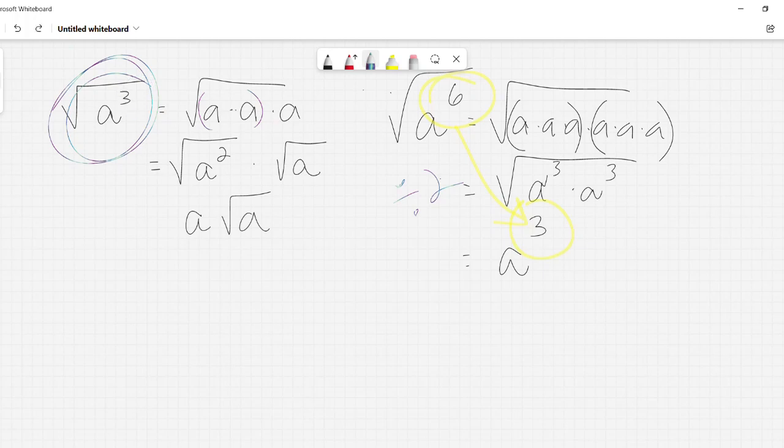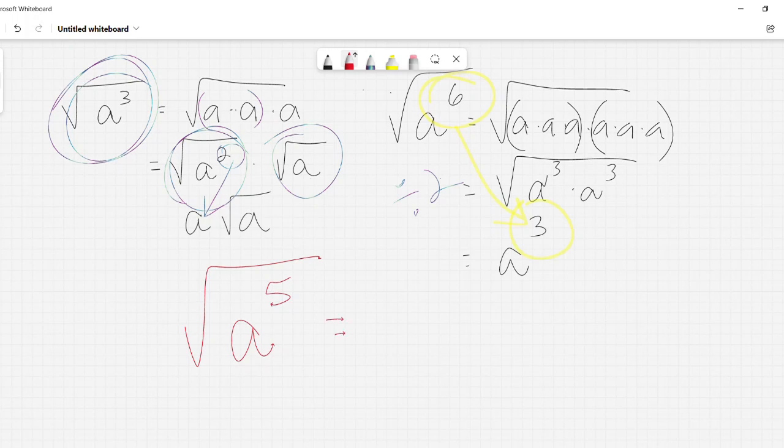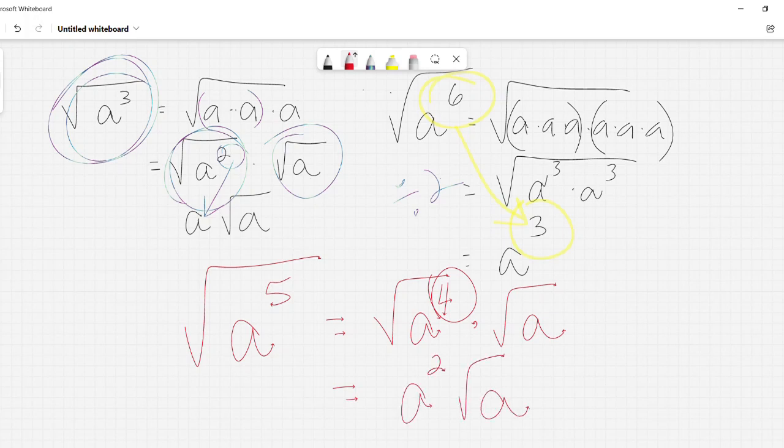So what happens? I have a squared. I have a leftover a. 2 divided by 1, just get a to the first, and a leftover a. That's the pattern. So like square root of a to the 5th, 5 is odd. So I'm going to say square root of a to the 4th, and that leftover a. For this one, I divide it by 2, a squared, square root of a.